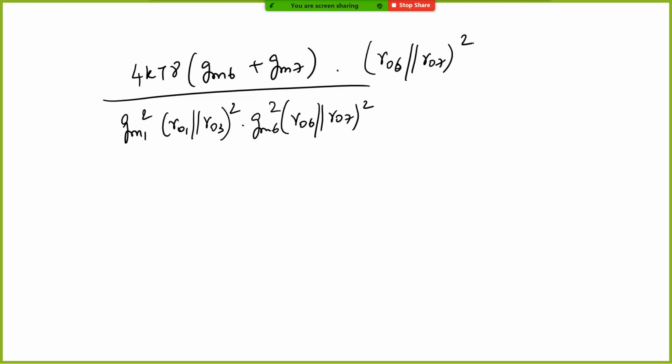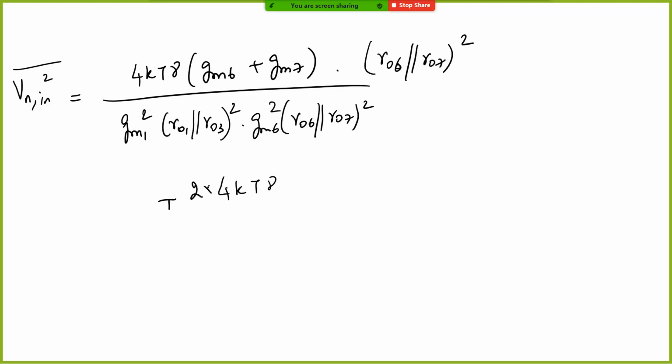This is the noise due to the second stage, right? And what about the noise due to the first stage? The first stage noise is 4kT gamma. So this is for the single-ended version I'm writing. For the fully differential version, of course, you'll have 2 times the first term.